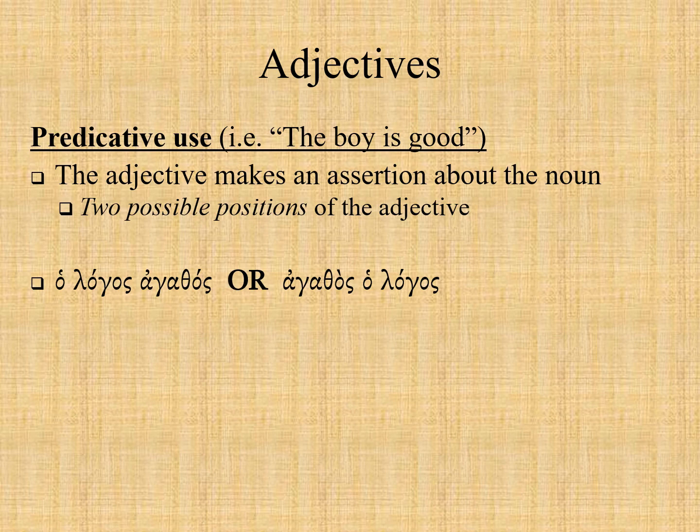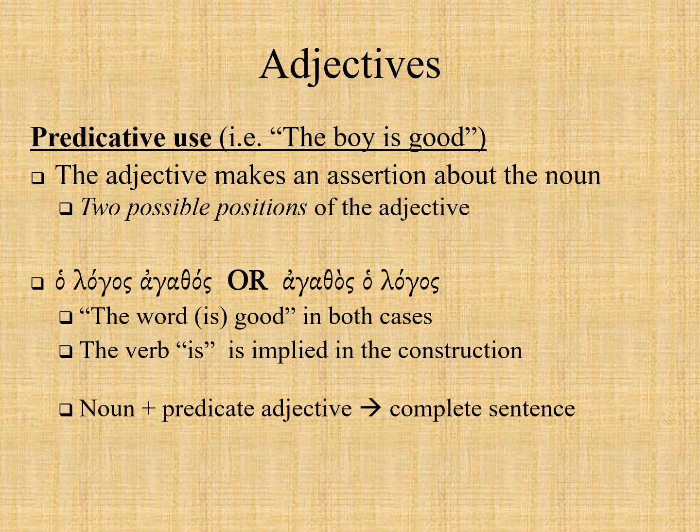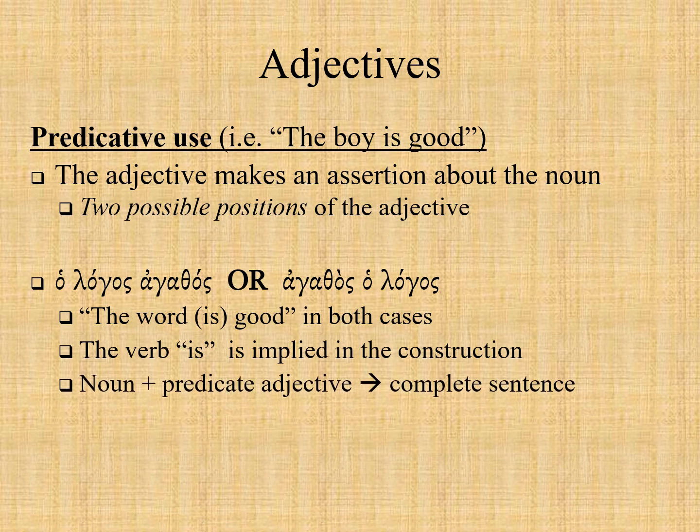Notice that the translation, perhaps surprisingly, is the word is good in both cases. So the verb here is obviously not existing. As you can see, there's no such thing as a verb here. However, it is implied in this noun sentence construction. So noun plus predicate adjective equals a complete sentence.